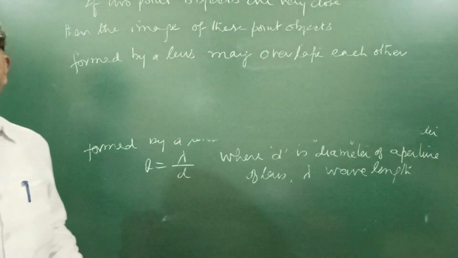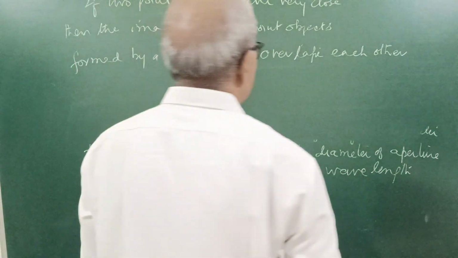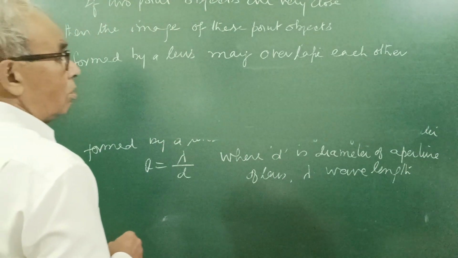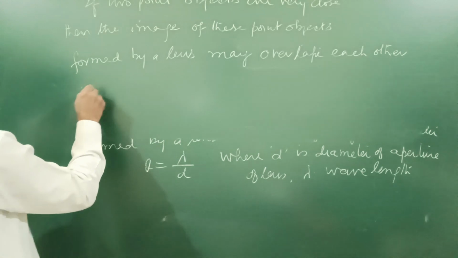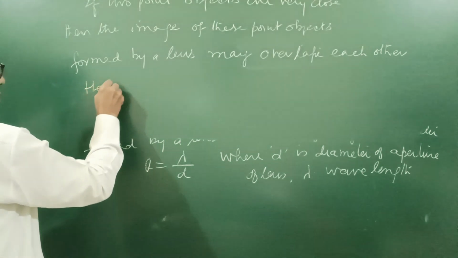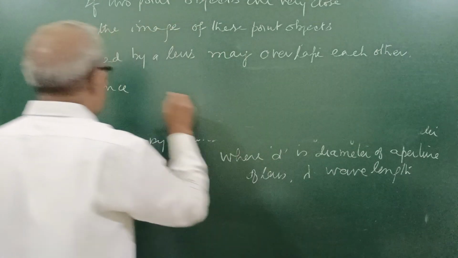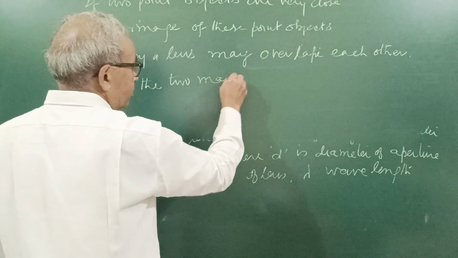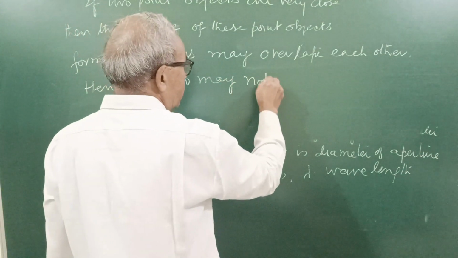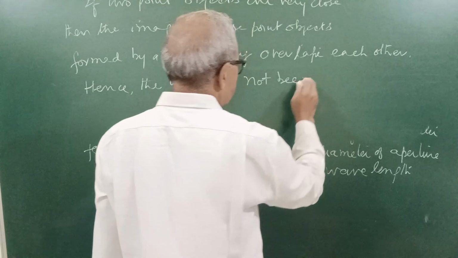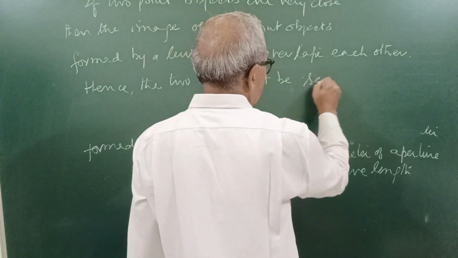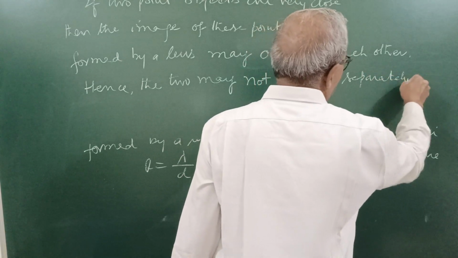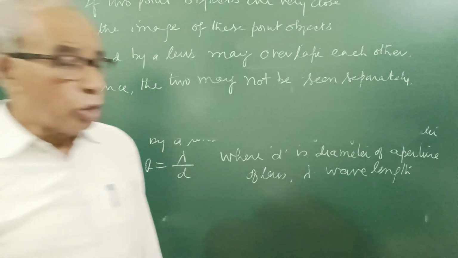As they are discs of some diameter, their discs may overlap. Hence, the two may not be seen separately or distinctly. So who causes this problem?